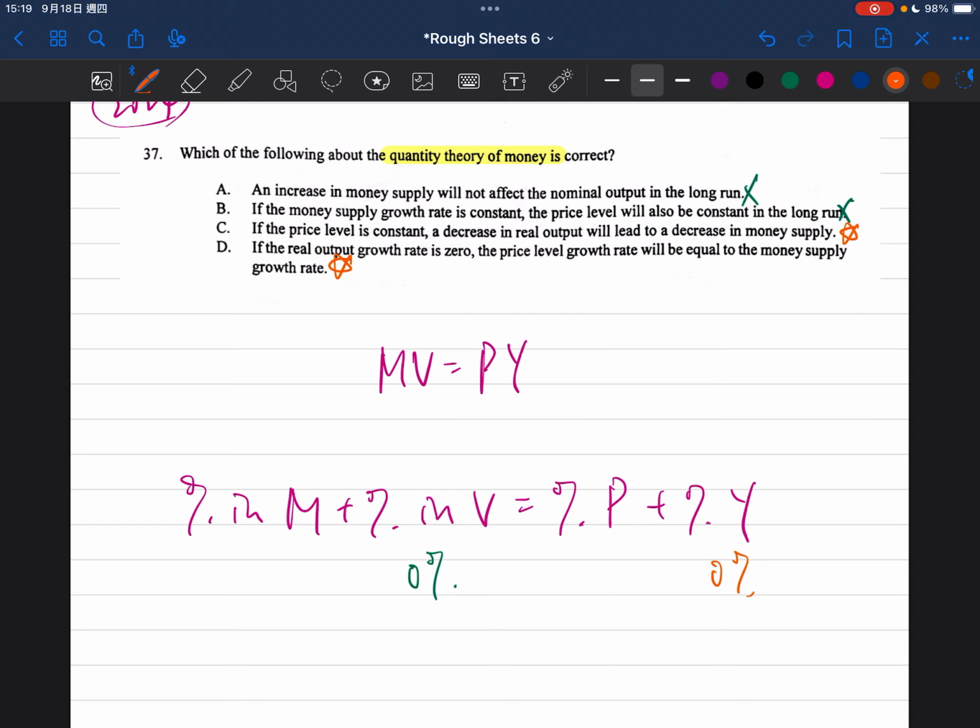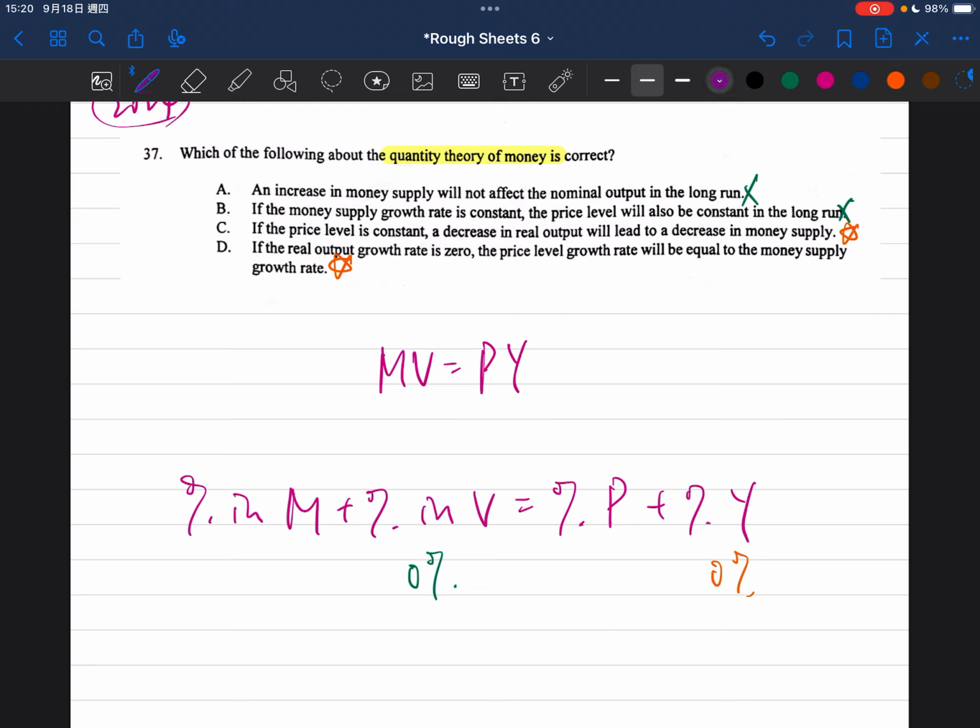C and D seem to both be correct. But in DSE we only have one answer, and in that year this question was not cancelled. So this question only has one answer. So one of them is wrong. So which of them is wrong?